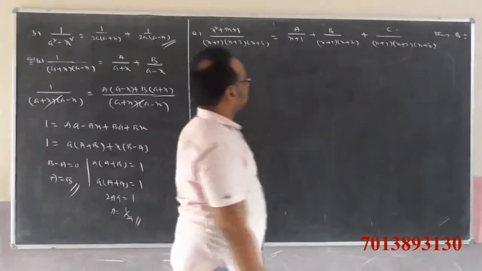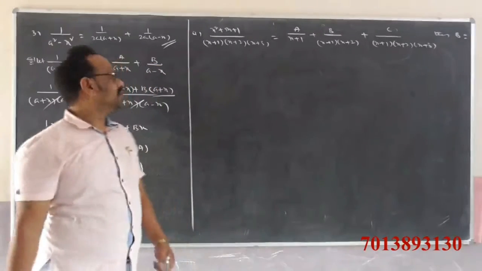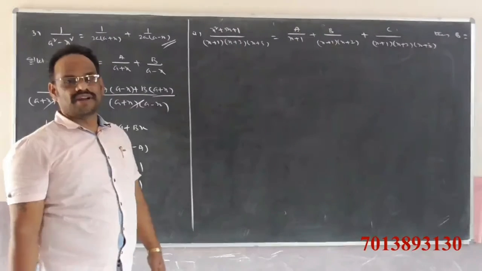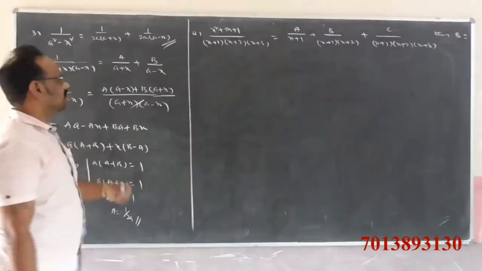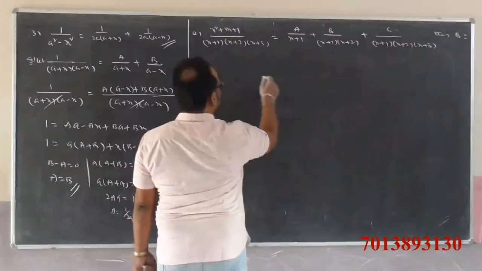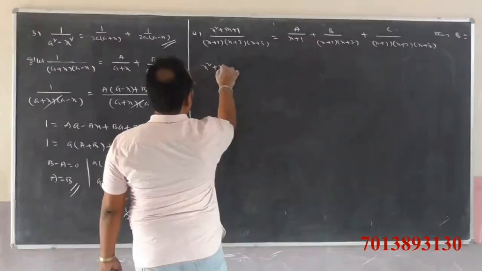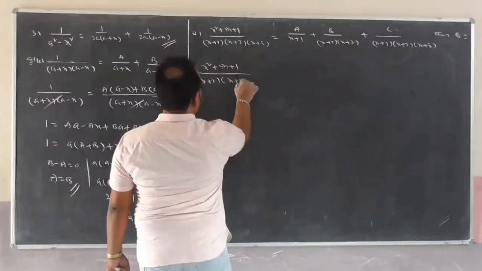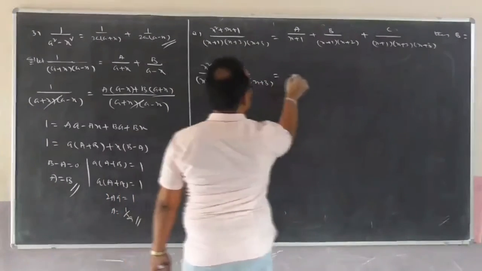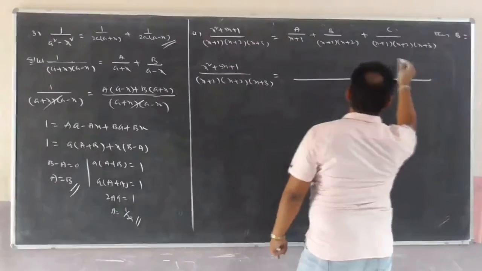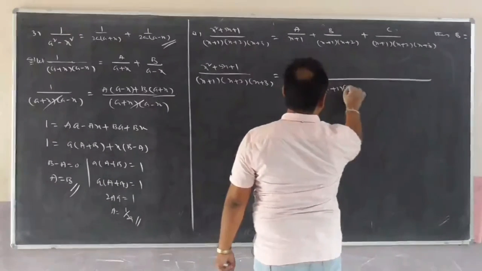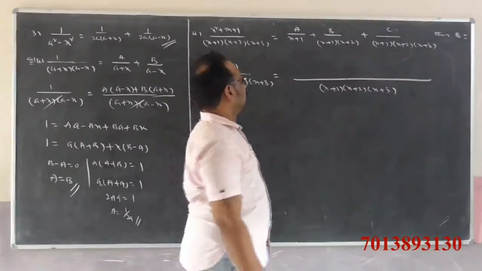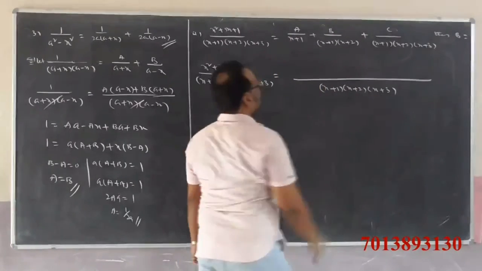We want this value. So here also the denominator has non-repeated linear factors. So this can be x square plus 5x plus 1 by x plus 1 into x plus 2 into x plus 3. X plus 1 gets cancelled.